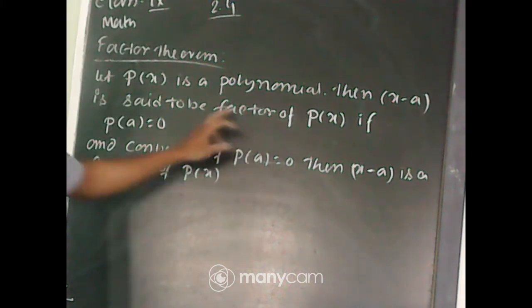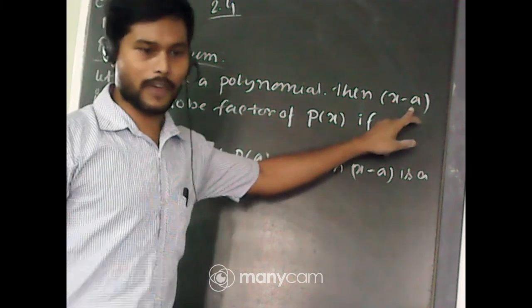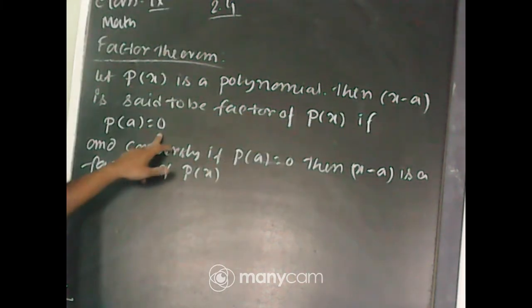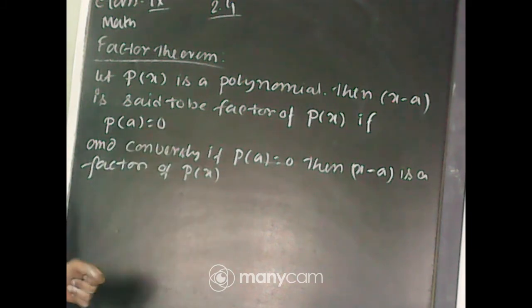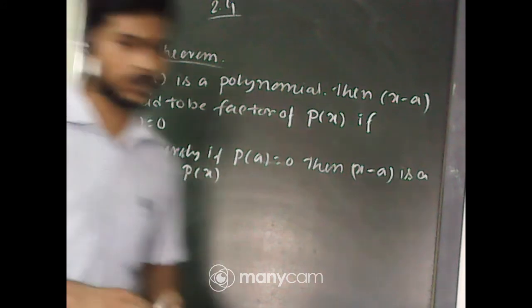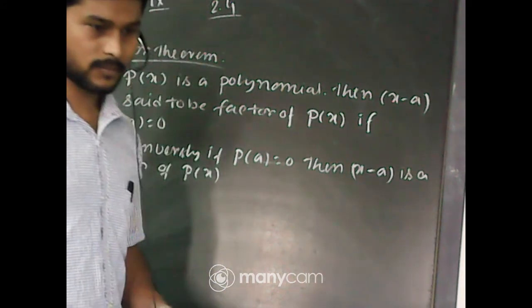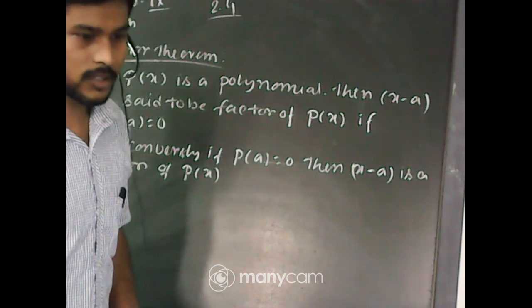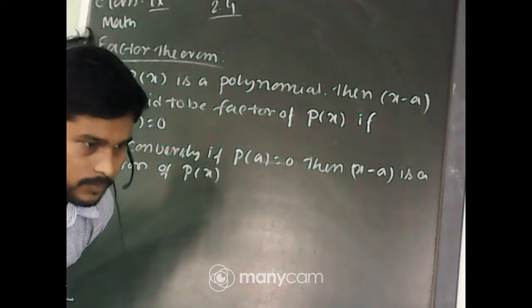Means x minus a will be a factor of p of x if p of a equal to 0, and conversely if p of a equal to 0, then x minus a will be a factor of the polynomial. Okay, so this is the formula. You can write the formula.